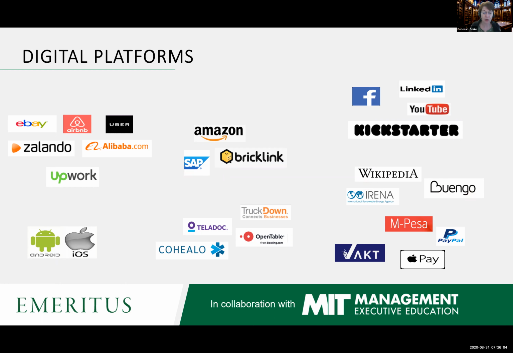Here are a couple of other examples of platform businesses. So you see there are different kinds of platform businesses, and this is the space that we're going to be exploring, because all of these are enabled by digital connectivity, by the ability to gather and analyze and manipulate a lot of data to make that filtering and matching possible when you've got millions of consumers on one side and millions of providers or producers on the other side.